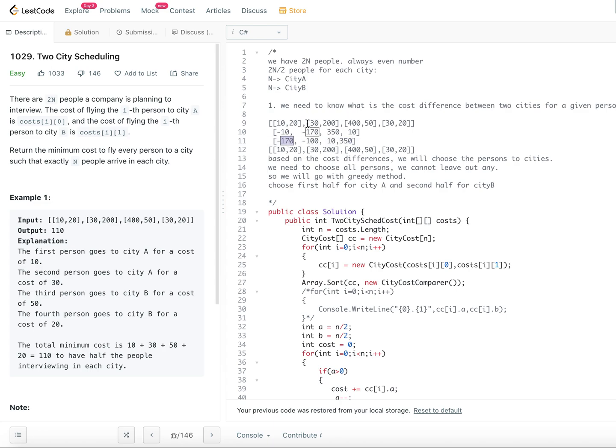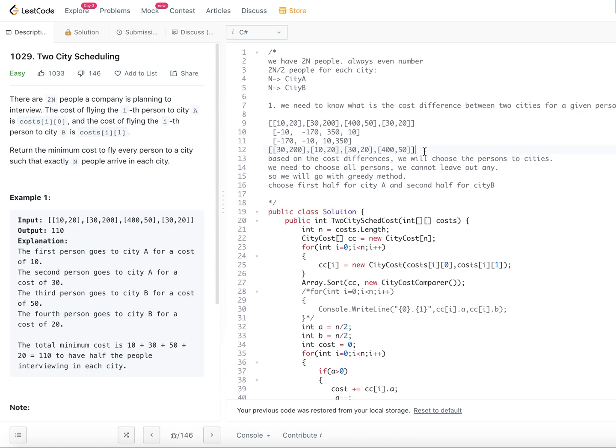Minus 170 corresponds to 30 200, so this should go first. Let me copy that. Now minus 10, this one, is in the right location. And then next comes 10, which corresponds to 30 and 20, so this should come next. Let me copy that and put it right here. Now, this is the order.